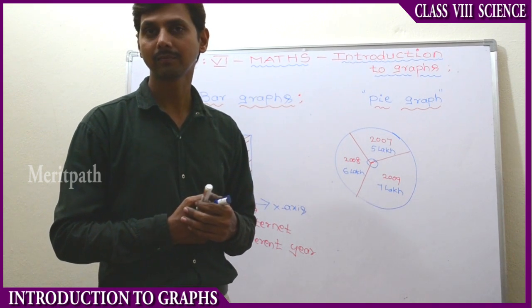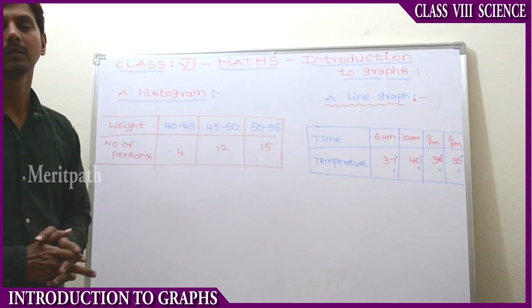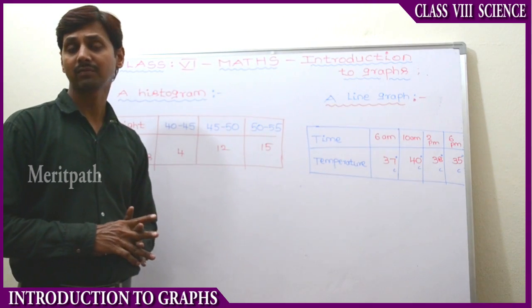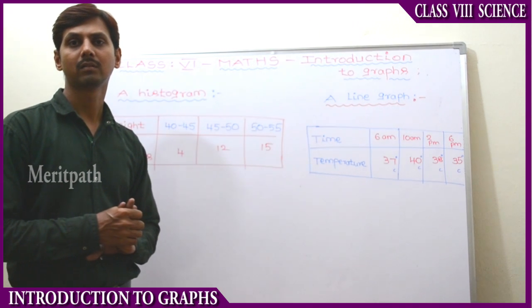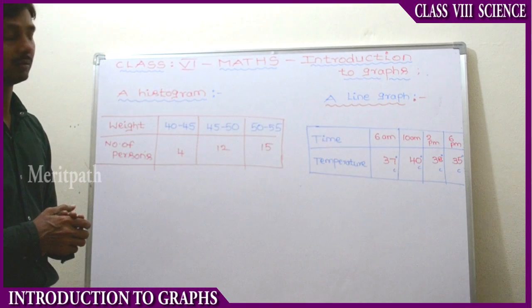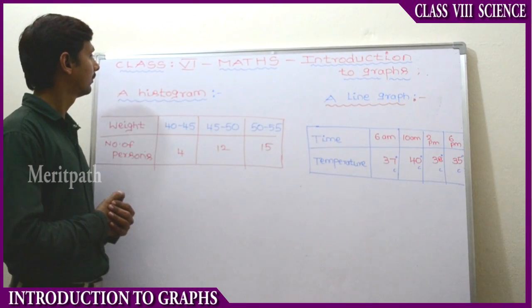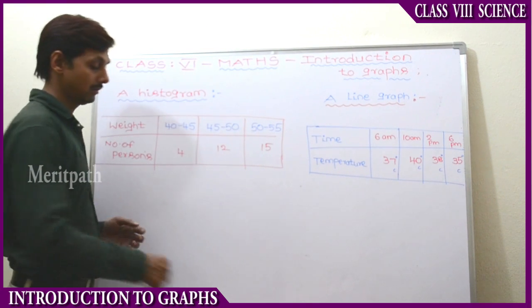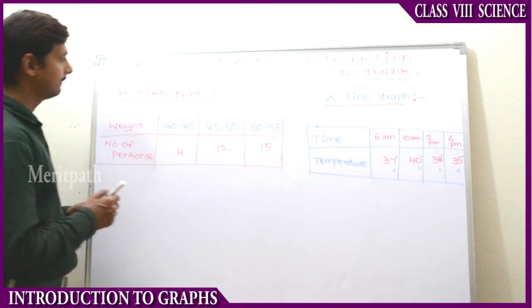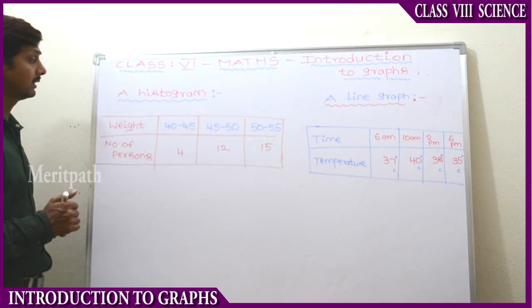A histogram is a bar graph that changes the intervals, and between the intervals we take, for example, weight and the number of persons.